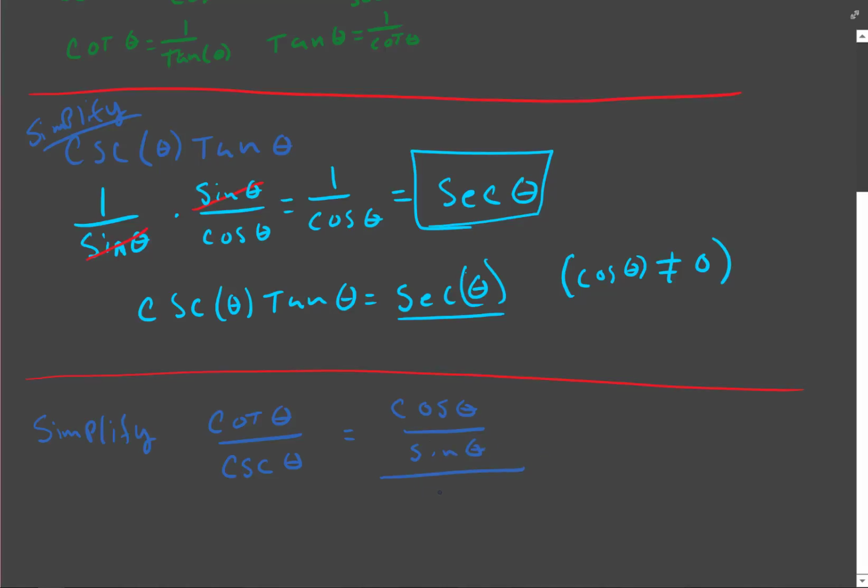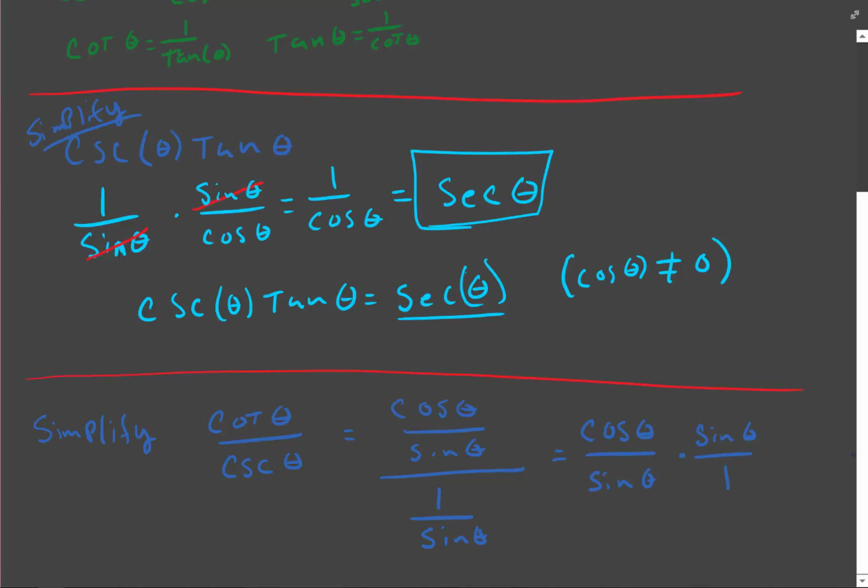And cosecant is simply 1 over sine of theta. And then that, of course, we can rewrite as cosine of theta over sine of theta, keep, change the division to multiplication, and flip the fraction in the denominator. This becomes sine of theta over 1.